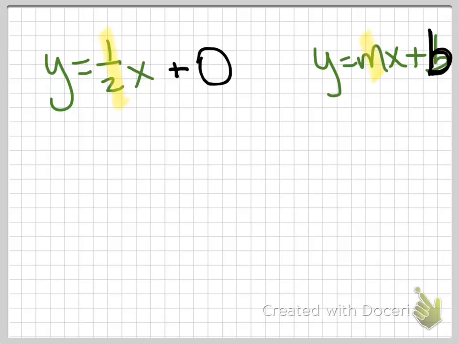Now, toward the end of 3-5 Part 2, for instance, number 21, it's a different story. You're not given a graph.